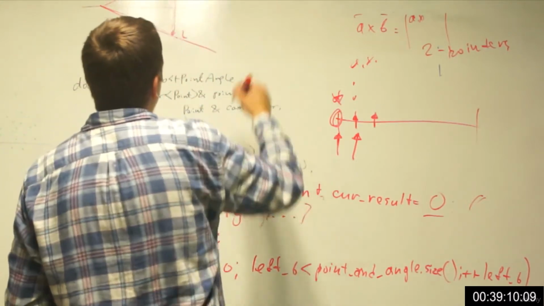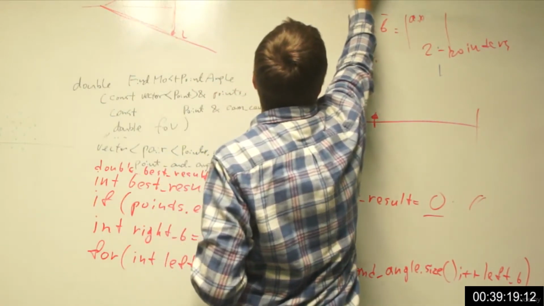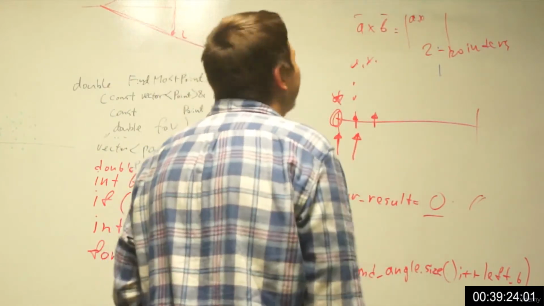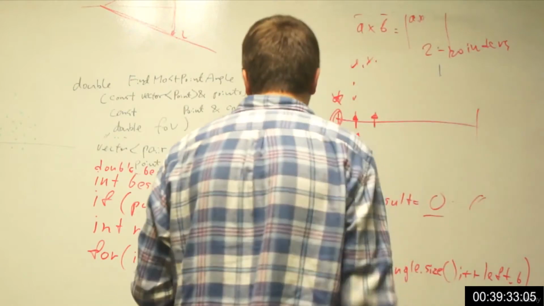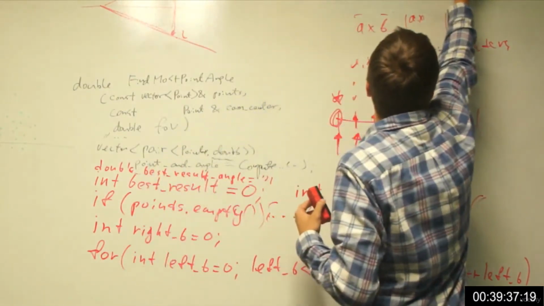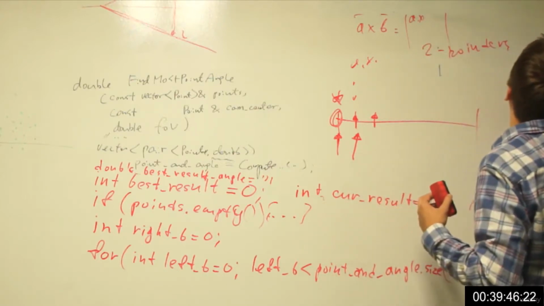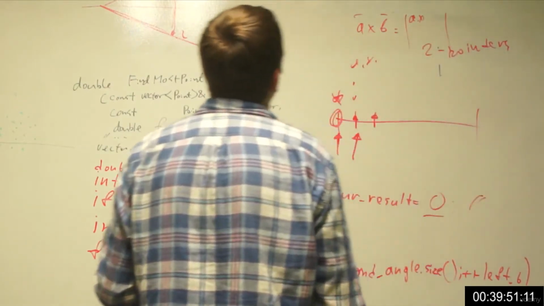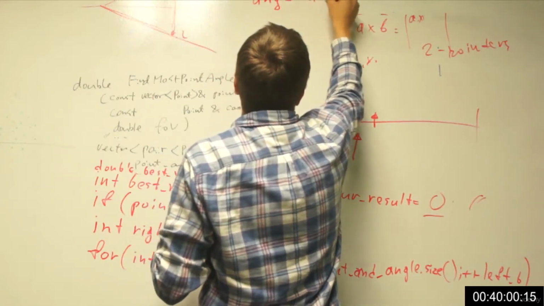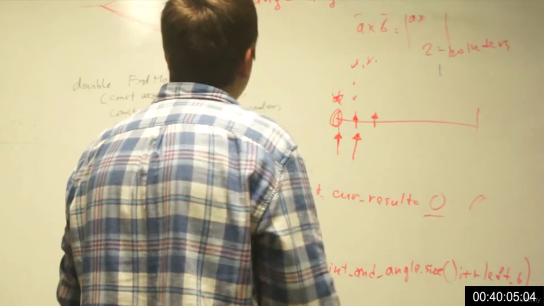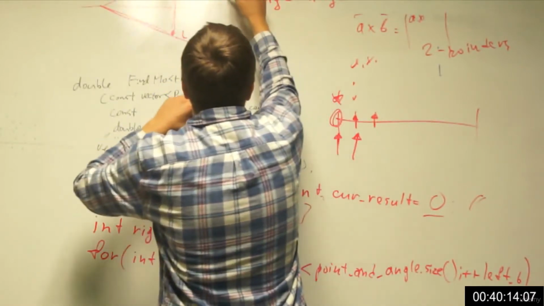It will be double angle 1 and double angle 2, and we need to return angle 2 minus angle 1, but they can be less than 0, so in this case we need to add 2 pi.